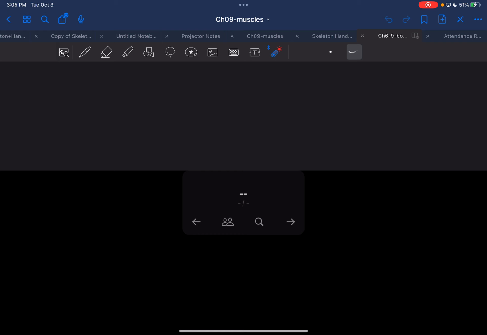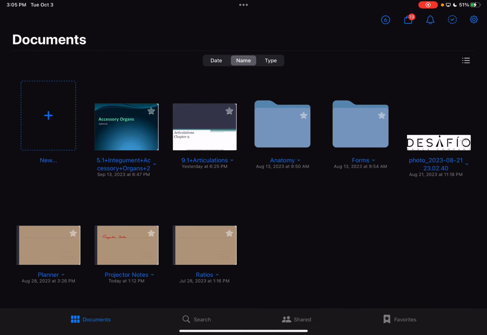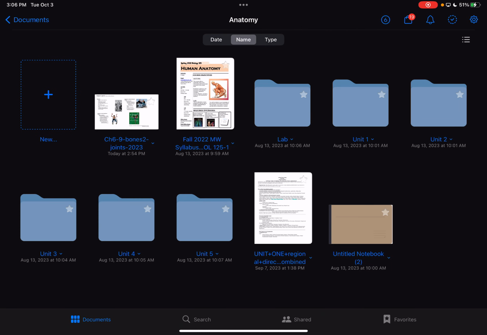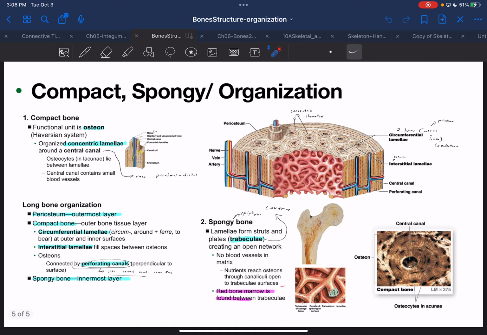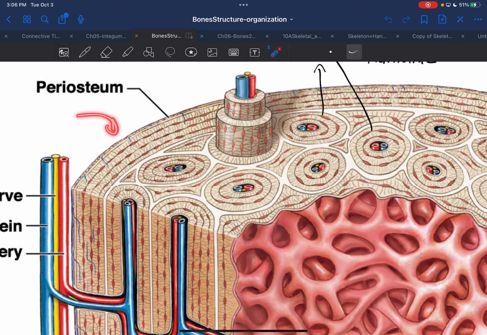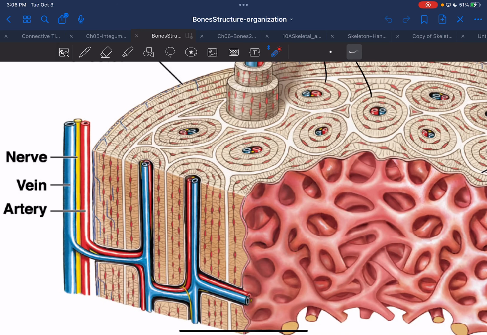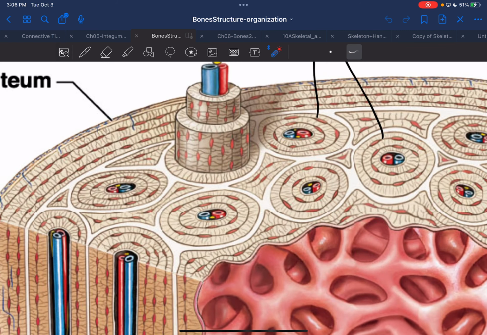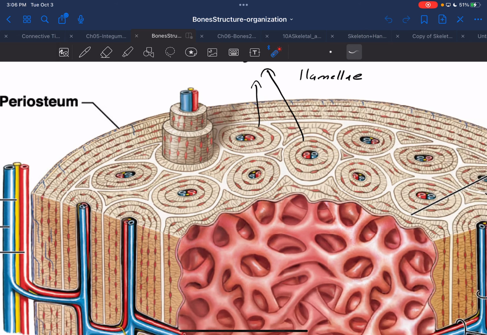Remember last week when we were looking at bones, let me pull it up and review it. When we looked at all of this outside, this was our periosteum, which has two layers. Then we have all of these osteons and lamellae, which is the layout of the bone. The lamellae that go around are circumferential lamellae.